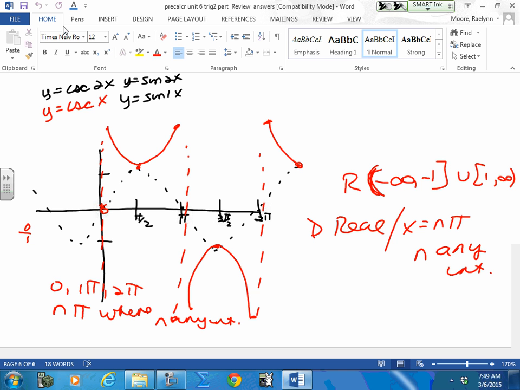If you think about it, think with me out loud. It works. Here's my sine curve. I would have to take my sine curve and make a complete one in here. I would have to go from here to here to here to here and back down to here. Now, my cosecant would have to go off of these guys. So I have to cut this in half, cut this in half. Do you see it?